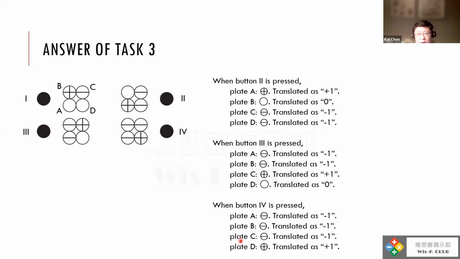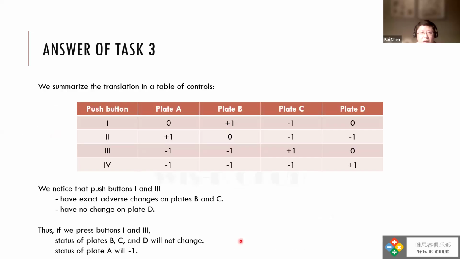Now we have all the information, not only the symbols, but also the numbers. So we translate the symbols into numbers, right? And the next step is that we have a table. We summarize all the translations in the table.